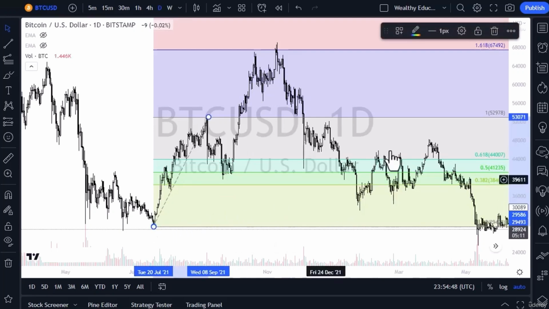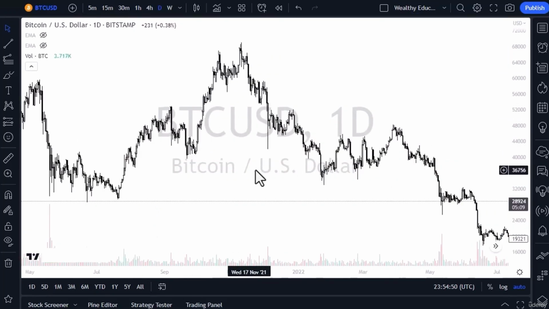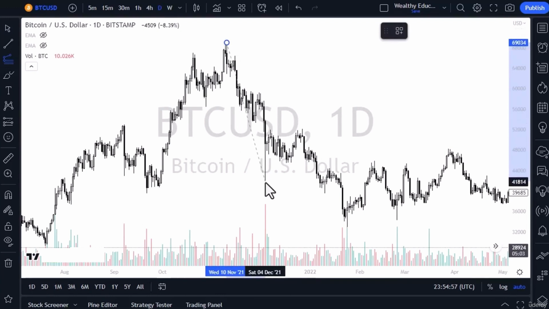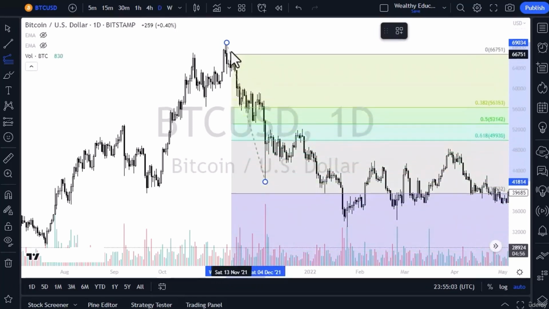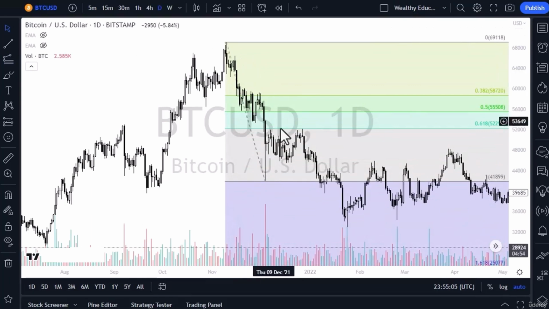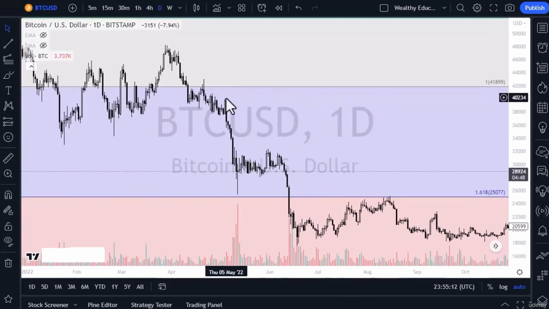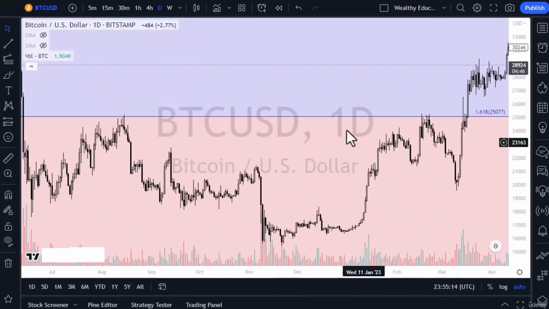Let me go ahead and do another one. We'll take this downward move here. So that's the big move there. The question is, if you don't get in on the retracement, which there was a retracement there, where could it go? Well, it could go down to this level. Could even go way down to this level, but it never made it.